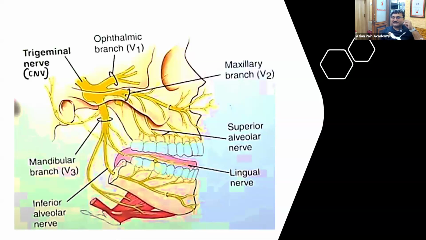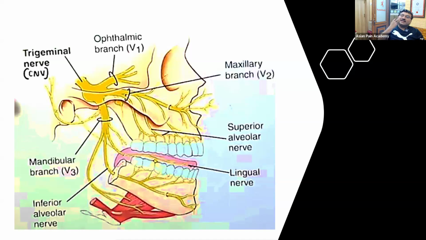So these muscles are supplied by the anterior division of the trigeminal nerve, and also the lateral pterygoid. Whereas the posterior division gives a twig to the medial pterygoid. Apart from this, all the branches of the posterior division are sensory. They supply here as the lingual nerve. Then it supplies the tongue.